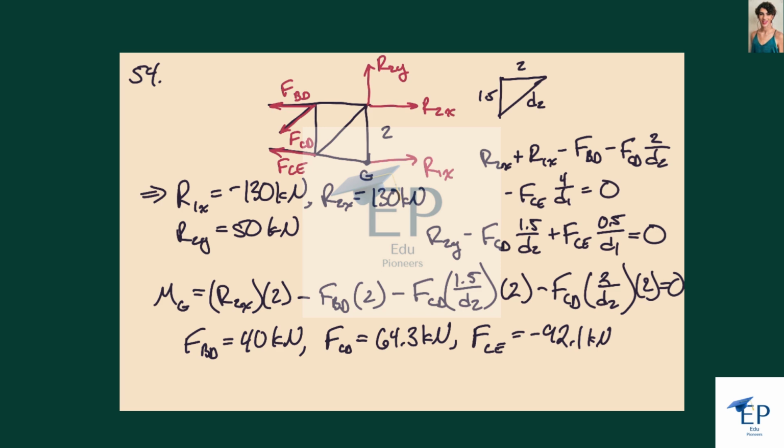And then I took moments about G here, so this, and this go through G, so we get R2x times 2, FBD minus times 2, let's see here, the y component of FCD times this distance was 2 meters, and then the y component of CE, that should be, yeah, this should be CE, not CD.